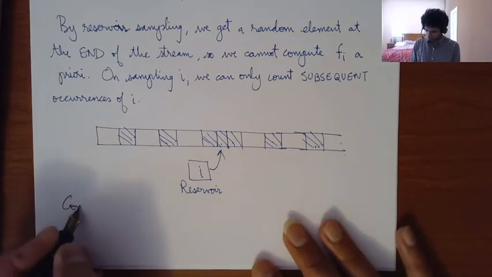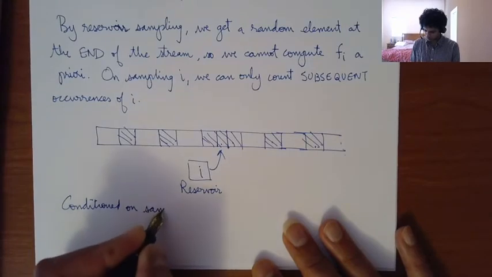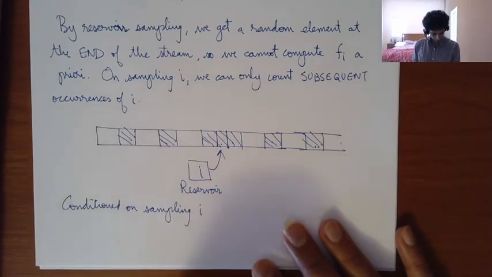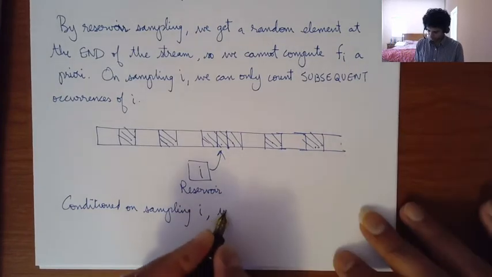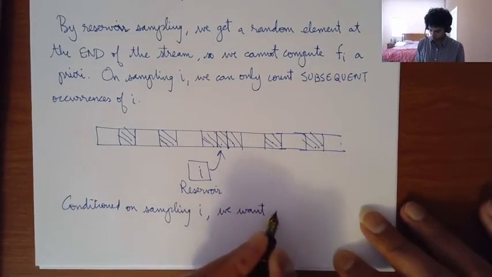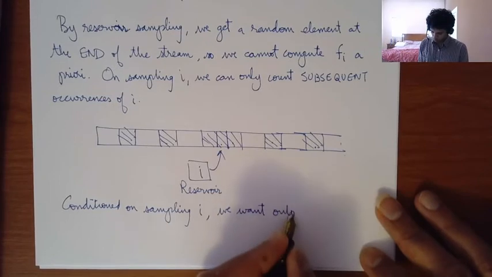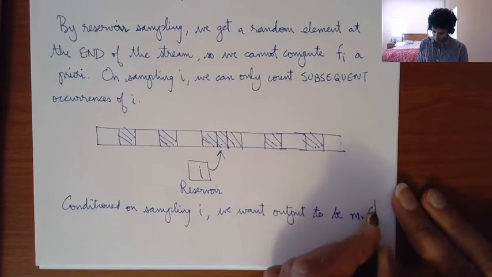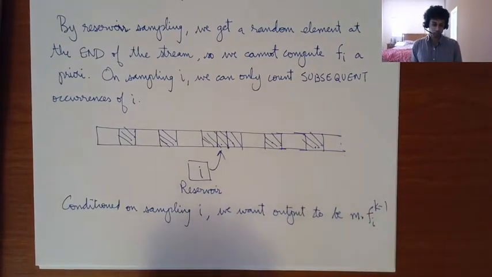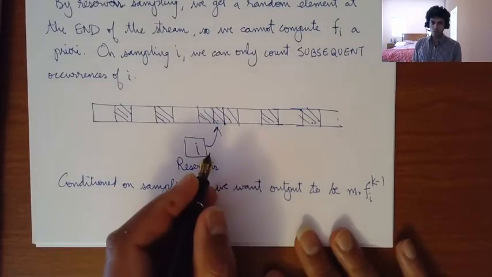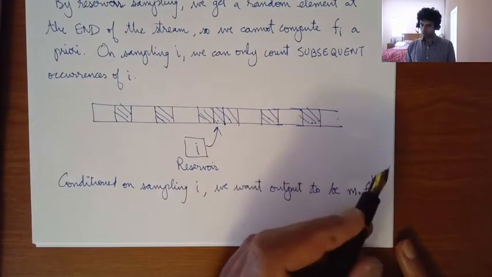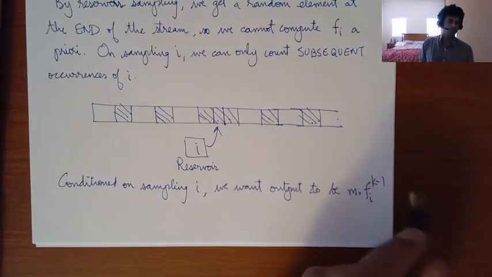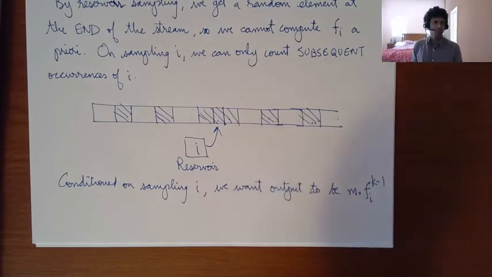Conditioned on sampling i, we want the output to be m times f_i to the k minus 1. But suppose you only used the subsequent occurrences, not the true number of occurrences. Let's just see what we're going to get and see if we can fix this bias.